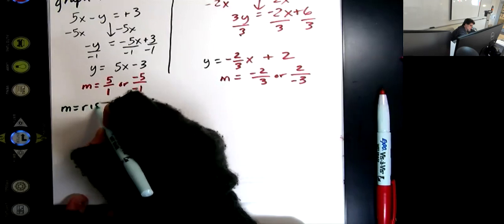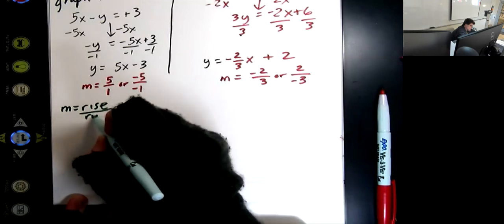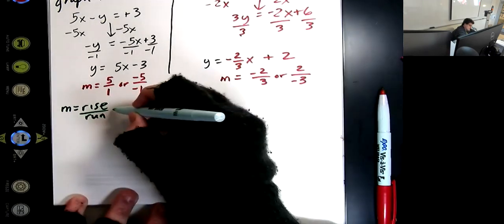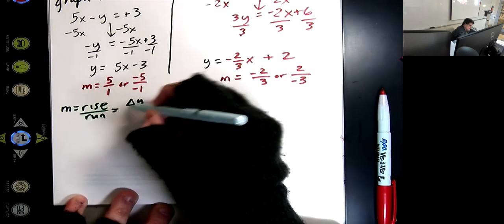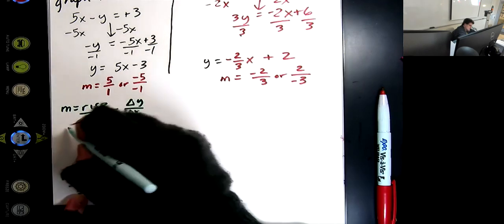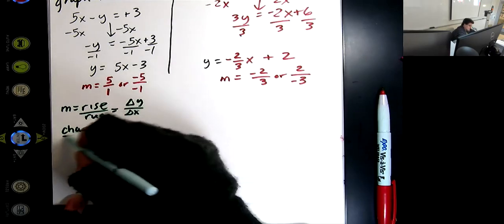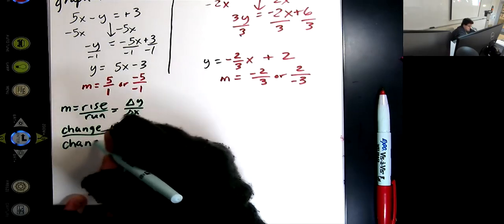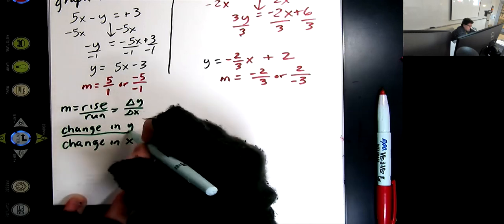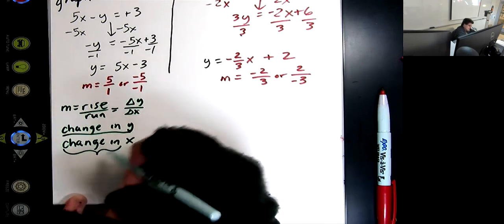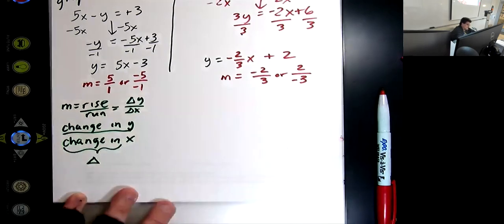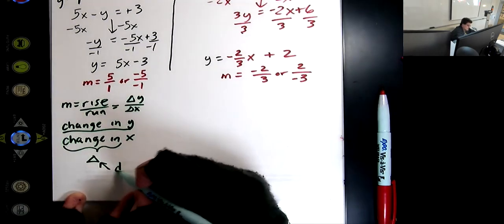So I said m was rise over run. This is delta y over delta x. It's a change in y over a change in x. That's what delta means. Change in is delta. This is the Greek letter delta.